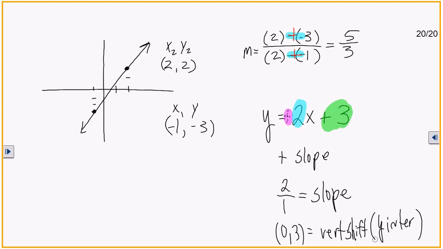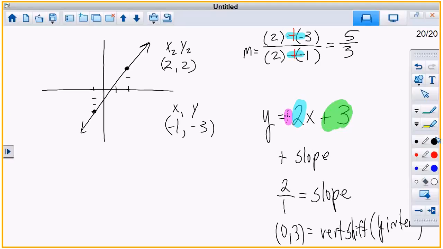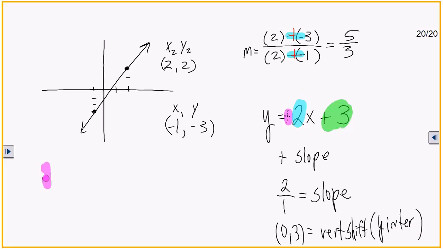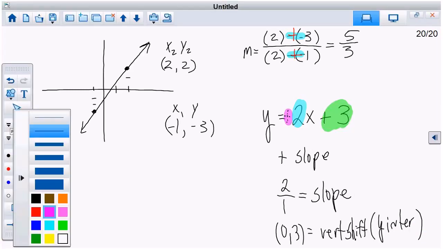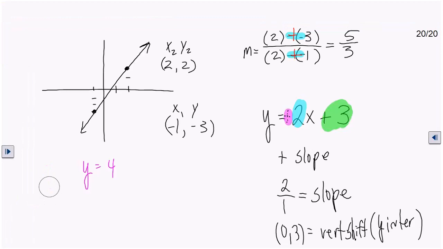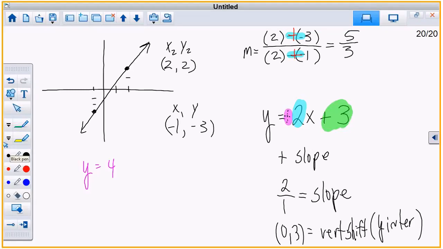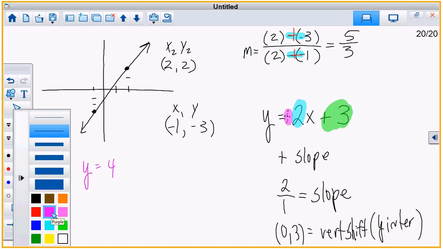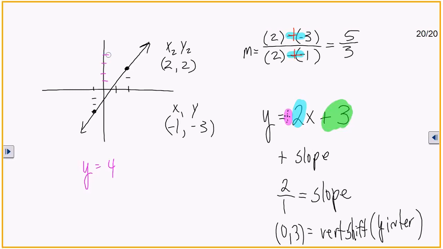And the last thing, if I give you, I'm going to do this in different colors. What if I give you y is equal to 4? If I give you y is equal to 4, that is y equal to a number. If y is equal to a number, you plot y, 1, 2, 3, 4, and it is parallel to the x-axis.